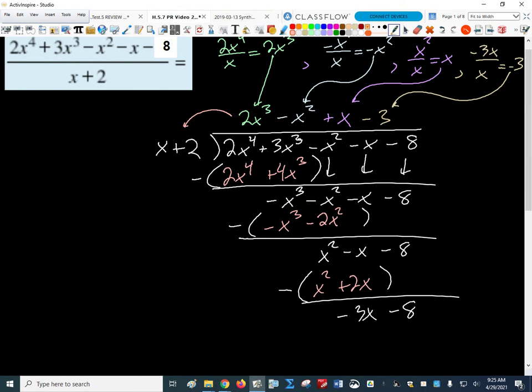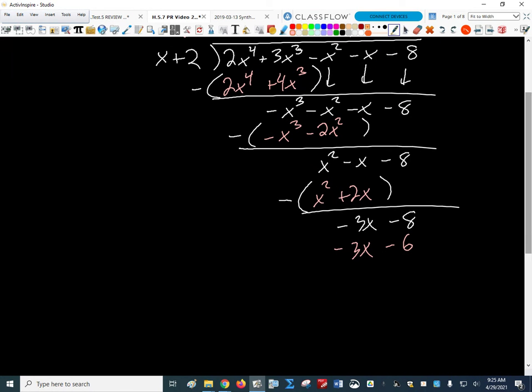When I distribute it over here, I'm going to get a minus 3x minus 6. And I have to subtract the whole thing. First term cancels. What's negative 8 minus negative 6? Negative 2. Okay, and that is my remainder.